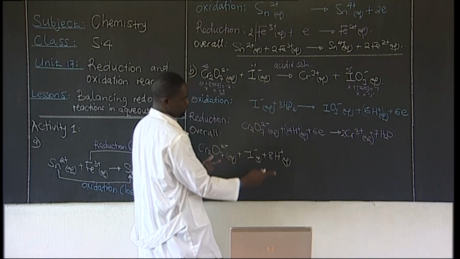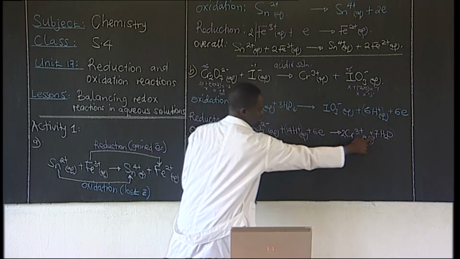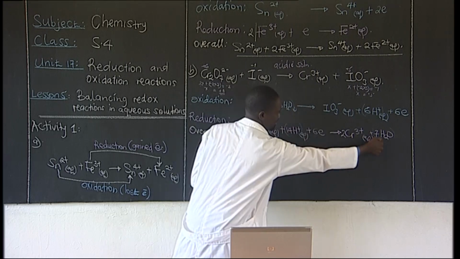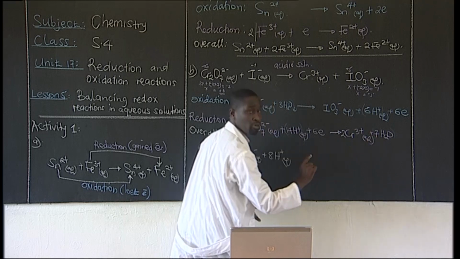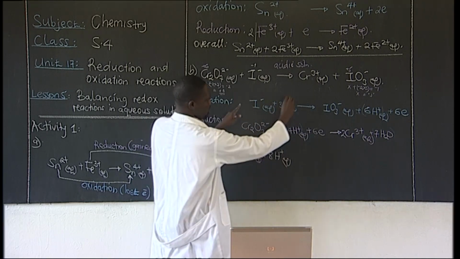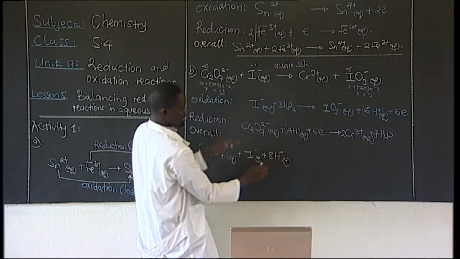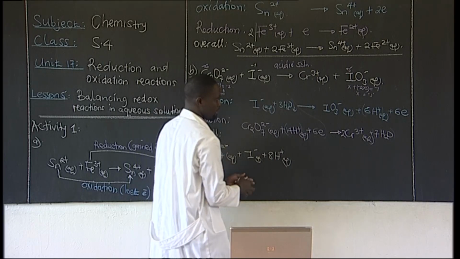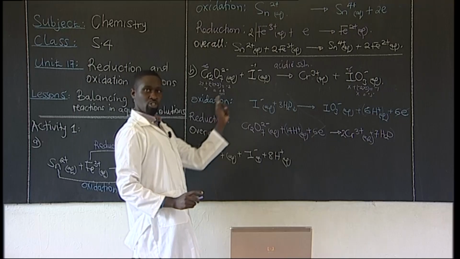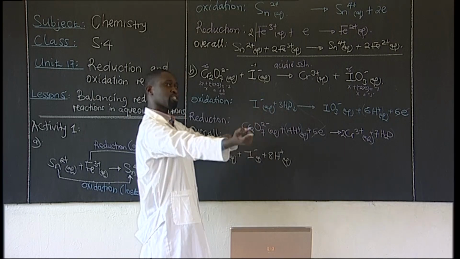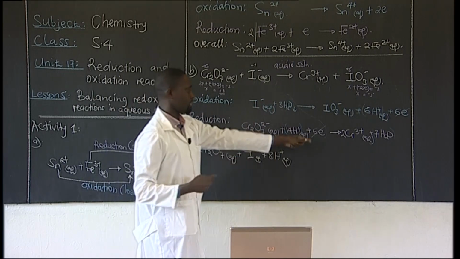Then the water. This is lower than this. We take this side and subtract it from there, but it will now become a product. So our main component making up the reactants are done. Remember, electrons have gone. Electrons lost must be equal to the electrons gained in here.